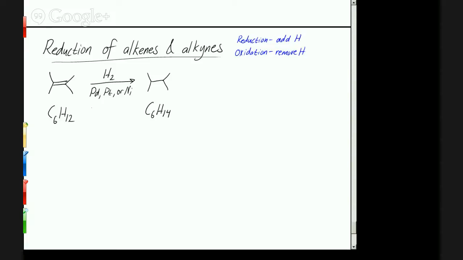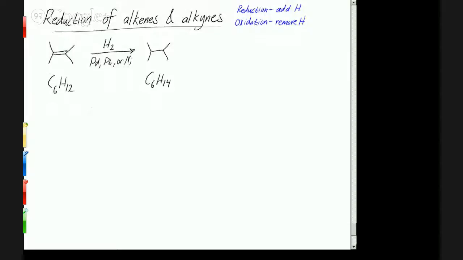All right. Another thing that we should know about this is that it is often hard to control, not always, but often it's hard to control the stoichiometry.